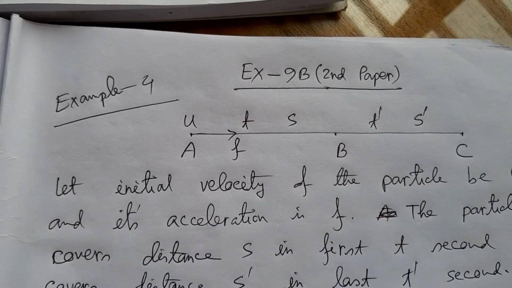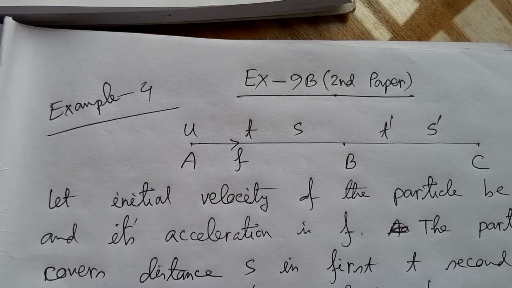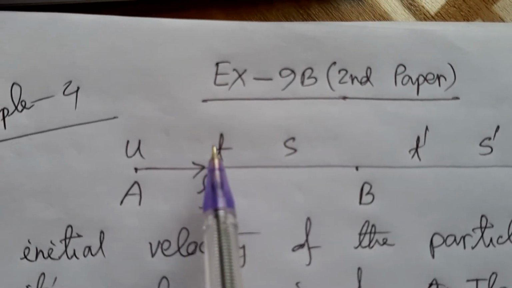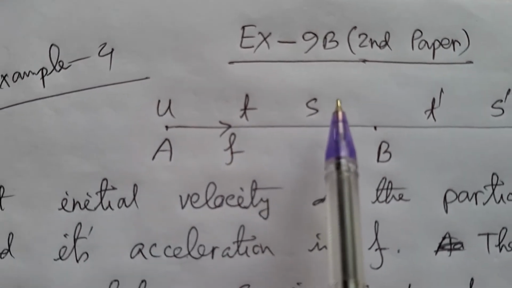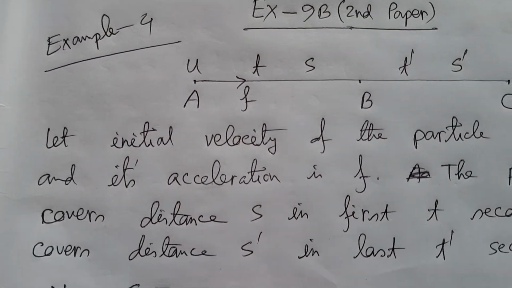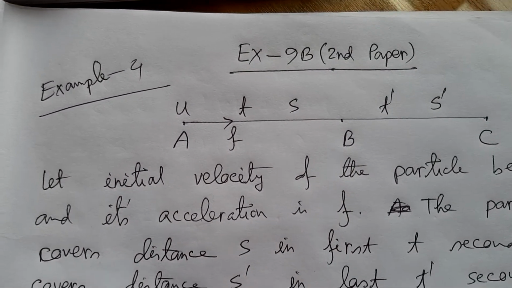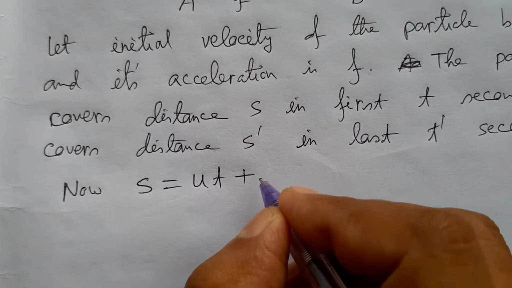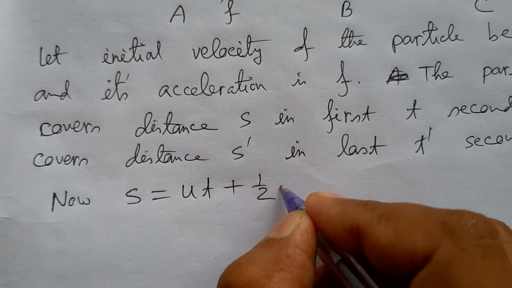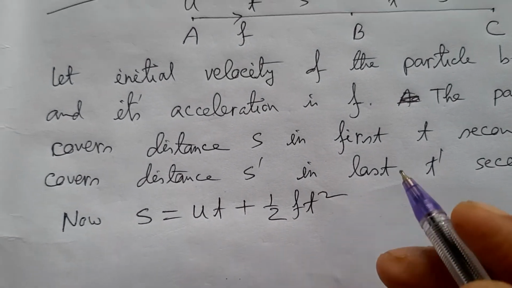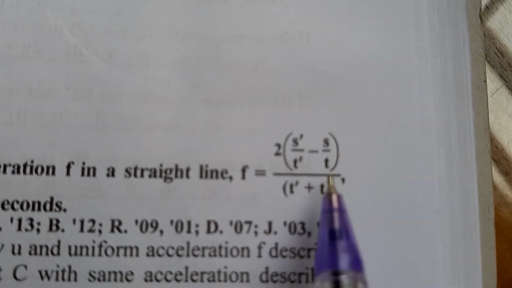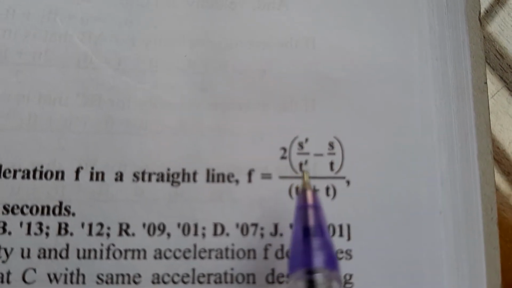So now, by the first formula, the particle covers distance in time t with acceleration f. So here we can write s is equal to ut plus half of ft square, where u into t is ut and f is acceleration. In the proof we need s by t and s prime by t prime.